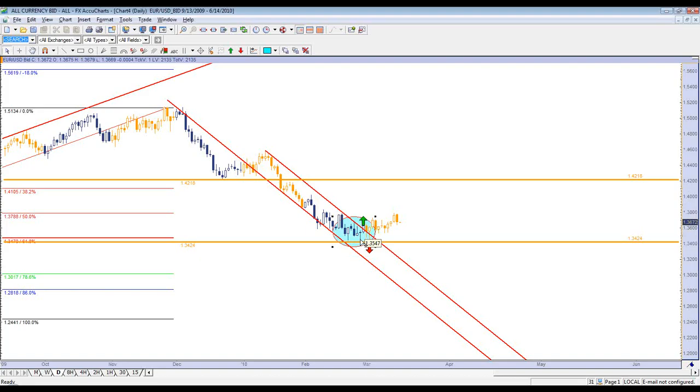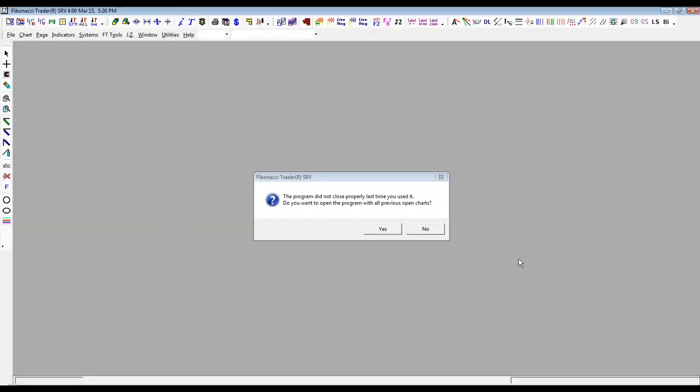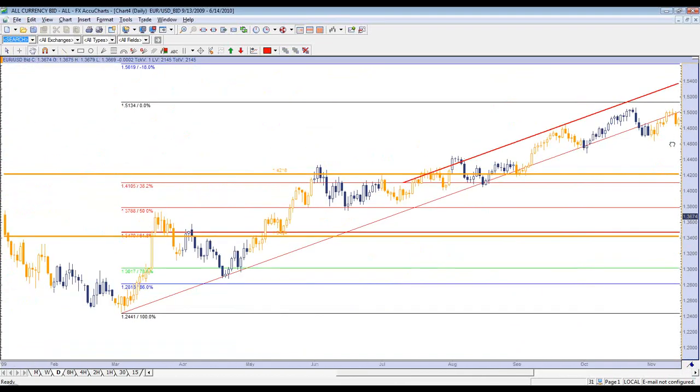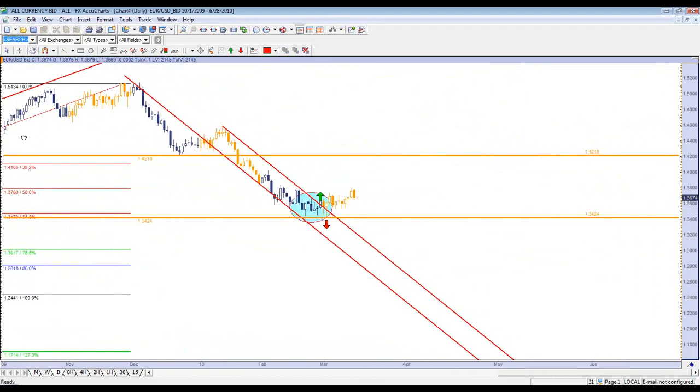What I'm looking for in trade setups like this is either a bullish head and shoulders pattern as the price is breaking out of the channel, or some kind of support level, like here we have the 618 from February, and we also have some previous lows and highs.